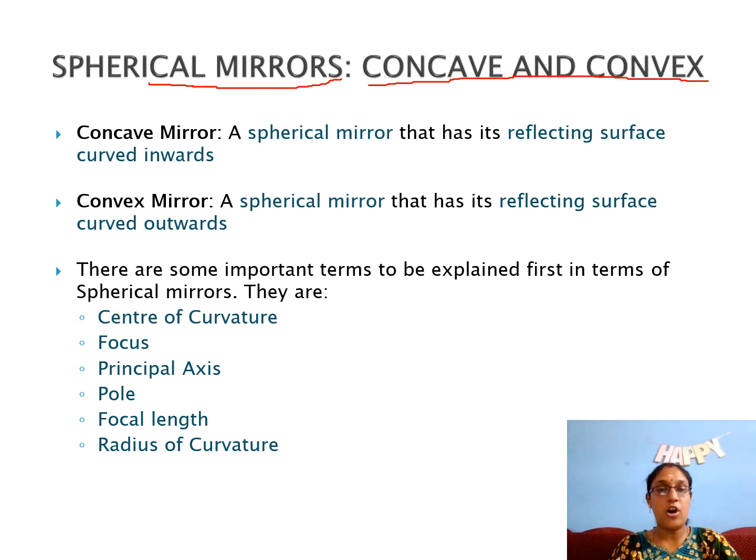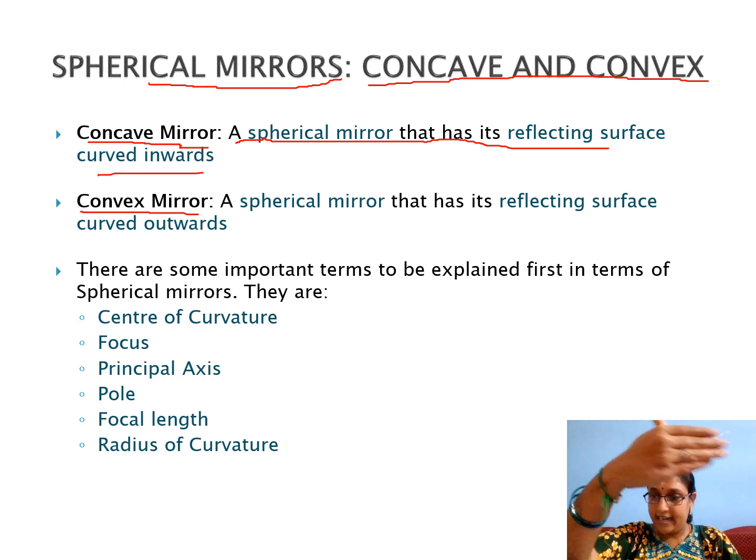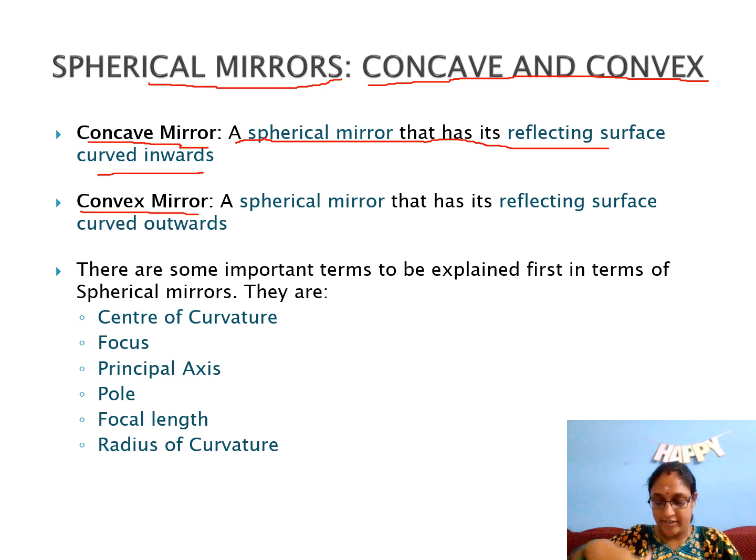So what is a concave mirror? A concave mirror is a spherical mirror that has its reflecting surface curved inward. The reflecting surface is where the light comes and falls on the surface. It will be curved inward.